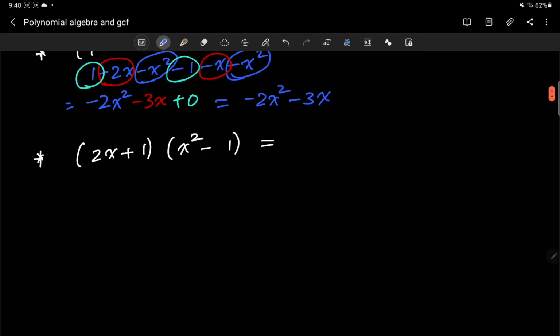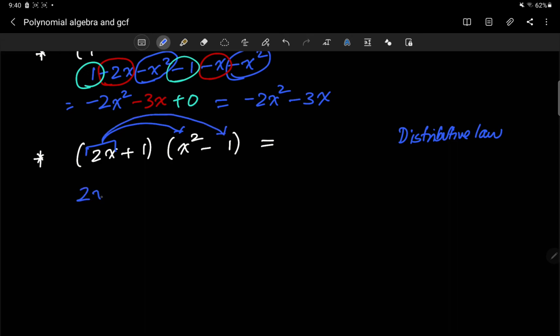Multiplication, in multiplication we follow a distributive law. Distributive law means each term gets multiplied to every other term. So there's going to be 4 resulting terms. Namely, you take 2x and you multiply it by x squared, then you multiply it by negative 1.